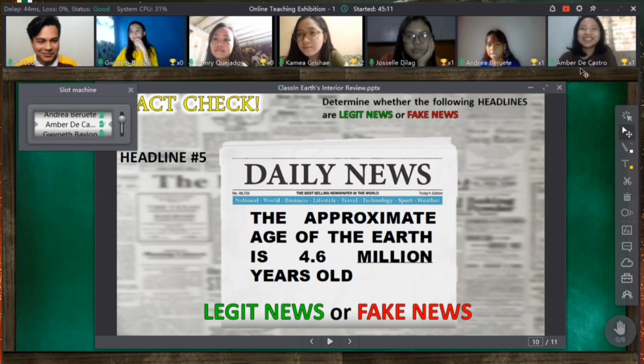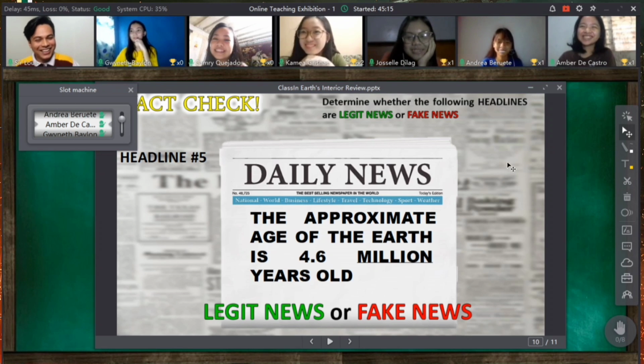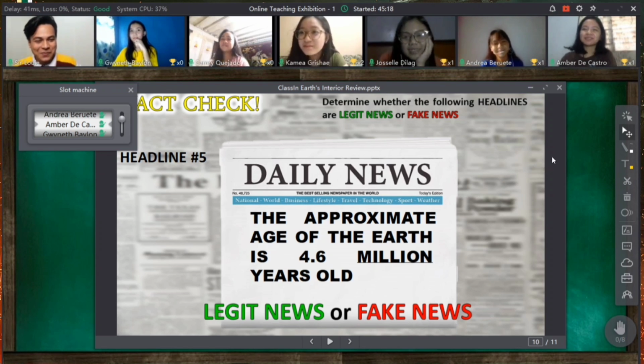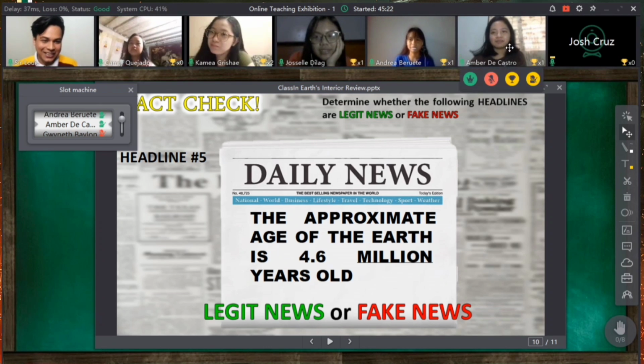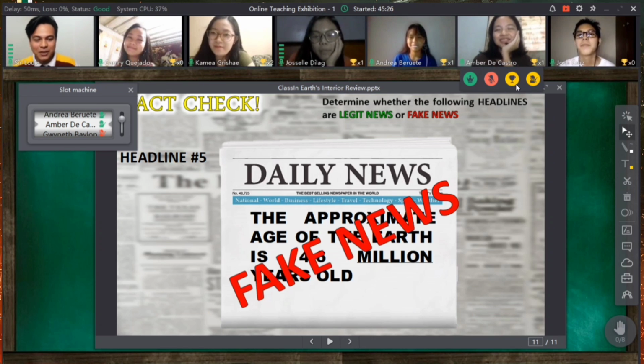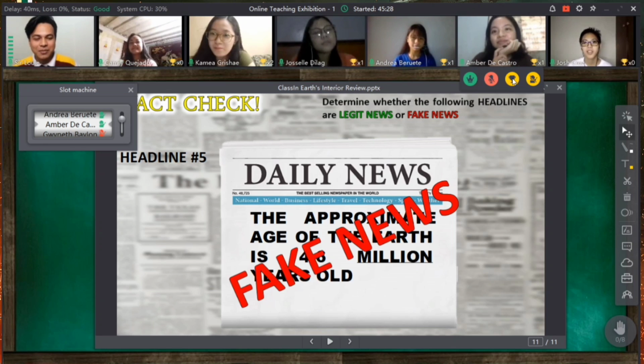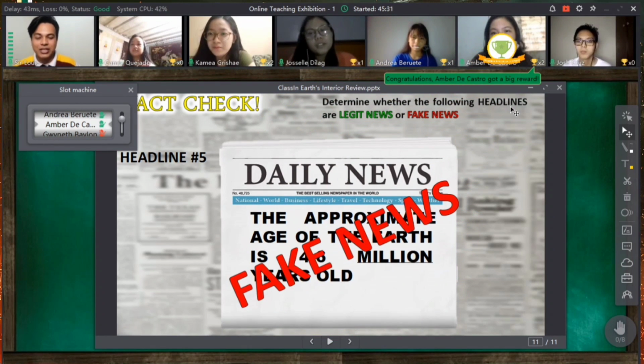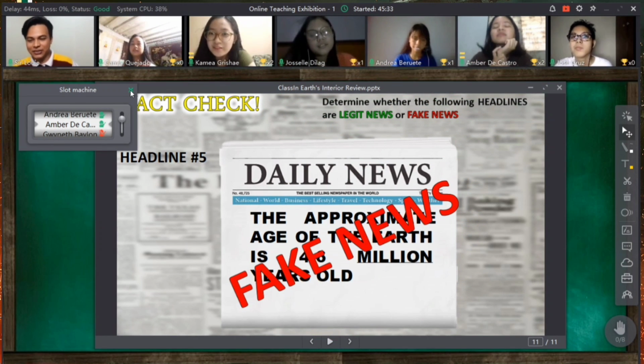Legit news, sir. The underlined word is million. Is it legit news or fake news? Fake news, sir. Okay, fake news. So the correct answer is fake news because the approximate age of the Earth is 4.6 billion years old.